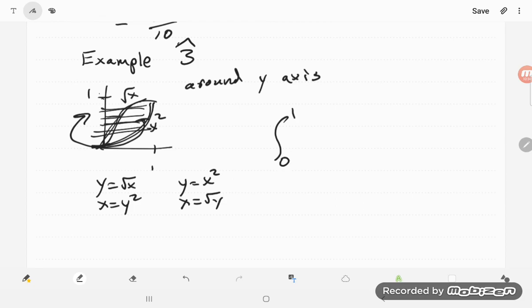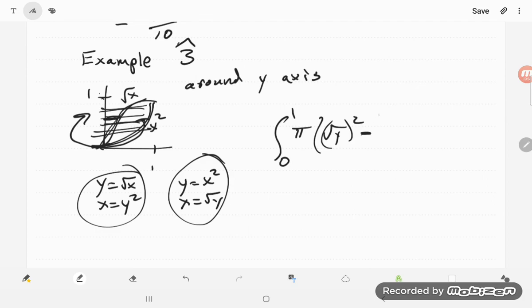So we get that 0 to 1, and then pi, and our big radius was the x squared curve. Oh, okay. So that's the square root of y squared. And our smaller radius was the square root of x curve, so minus, and there's our smaller radius, y squared squared dy, and that is 3 pi over 10.